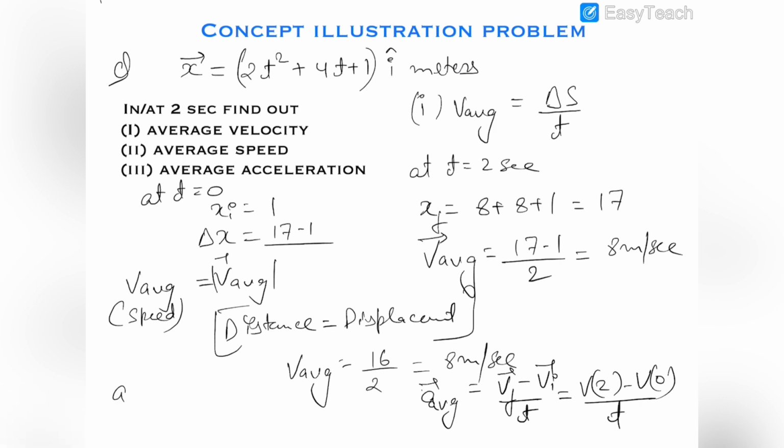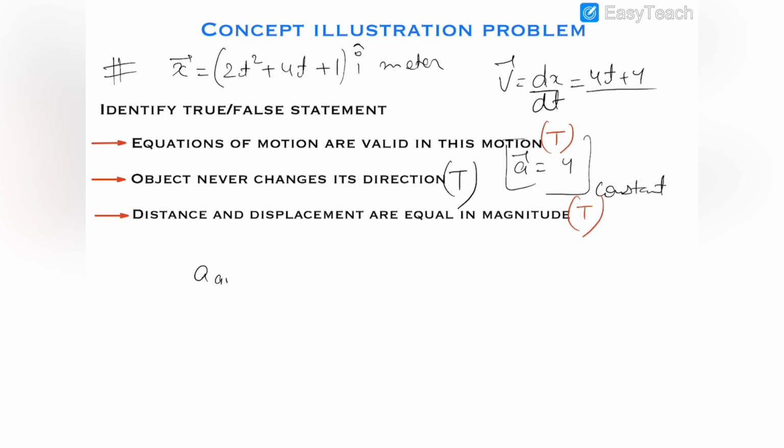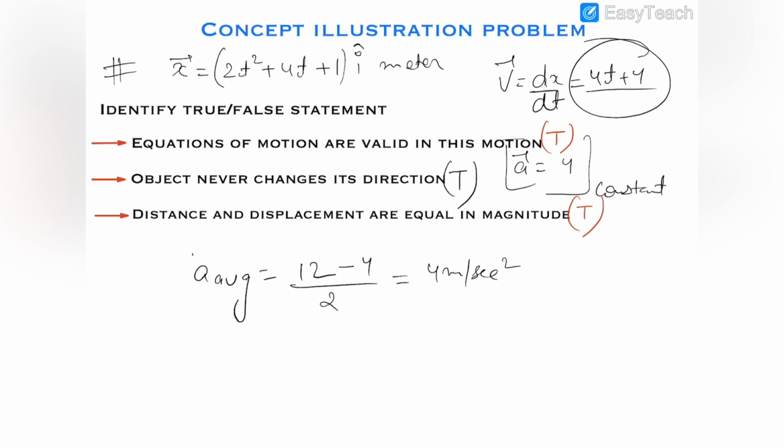So average acceleration, A average, is V at 2, where we substitute the value of time as 2 in this equation: 2 into 4 is 8 plus 4, which is 12, minus the initial velocity, which was 4. You can substitute 0 here, and the time taken is 2 seconds. So it is equal to 8 by 2, which is 4 meters per second squared. So this is the average acceleration.